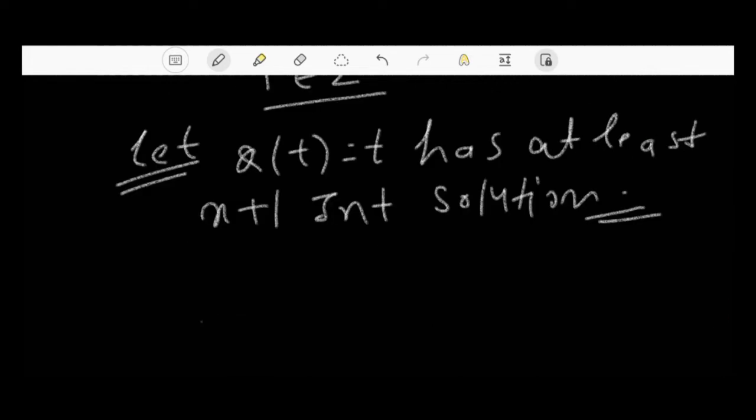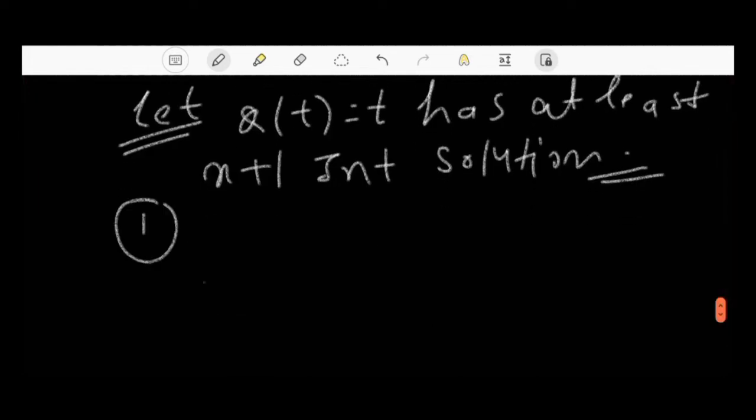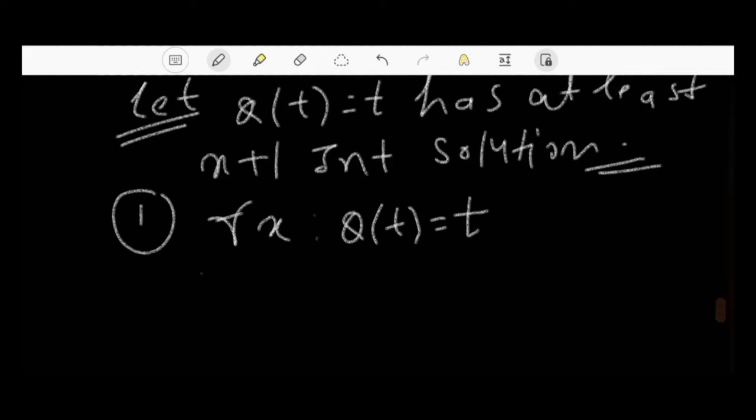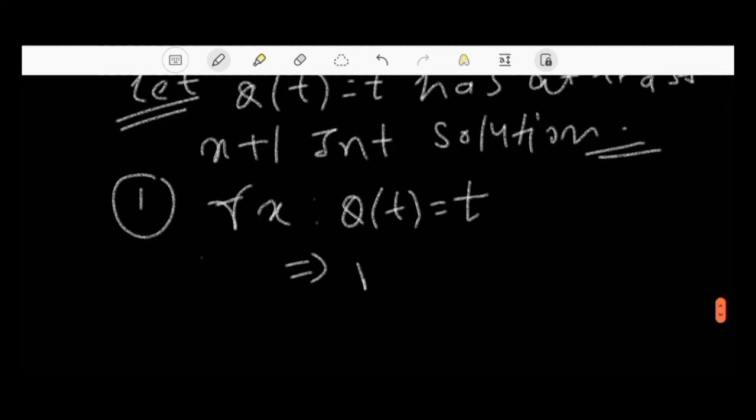So here we can make two conditions. The first one is that for every x which is a solution of Q(t) equals t, it simply satisfies that P(x) equals x.